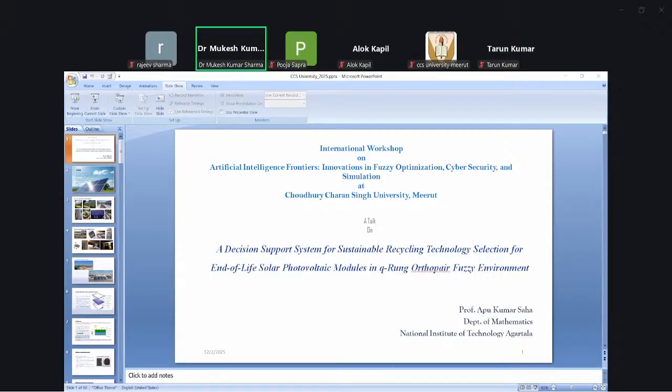Then in 2019 Jana et al. gave the Q-rung orthopair fuzzy Dombi weighted averaging operator, then the Dombi weighted geometric operator. Then Saha et al. gave the Q-rung orthopair fuzzy weighted Frank aggregation operator. Now we are working on the Q-rung orthopair fuzzy weighted geometric operator.